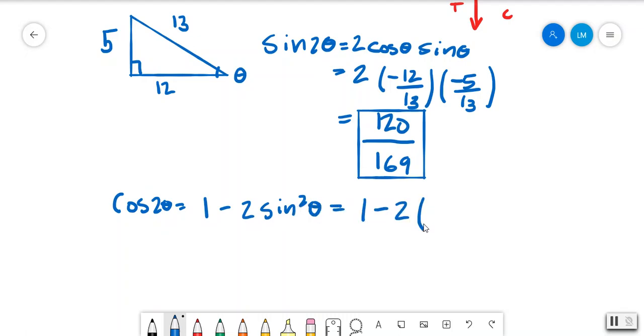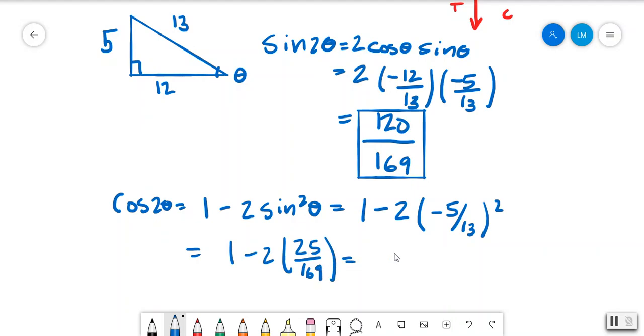So we have 1 minus 2 times negative 5 over 13 squared, which gives us 1 minus 2 times 25 over 169, which is going to be equal to 1 minus 50 over 169, which will give you 119 over 169.